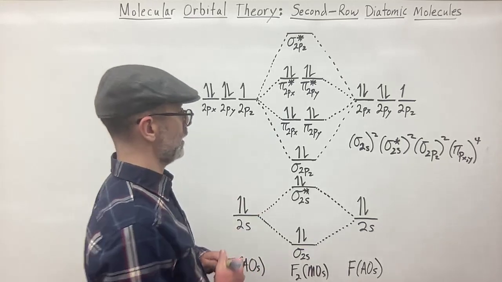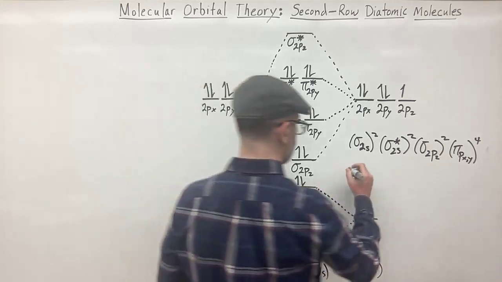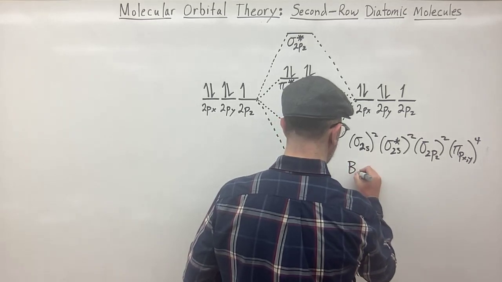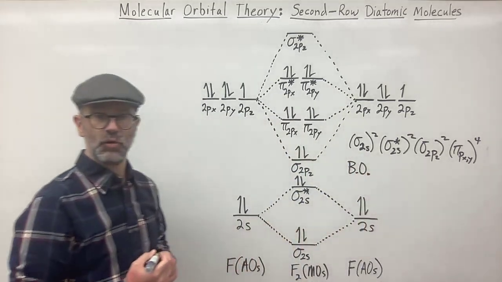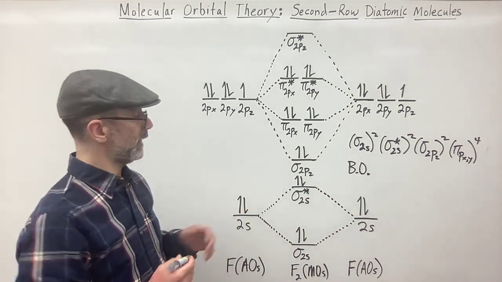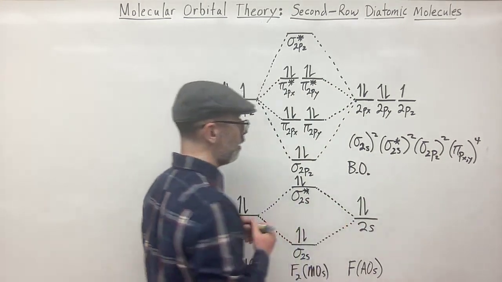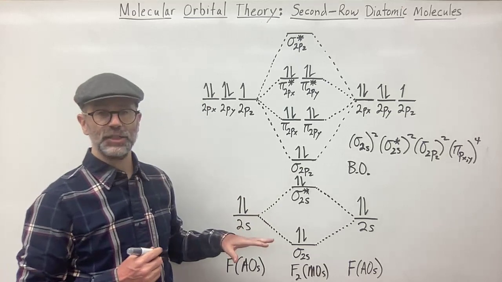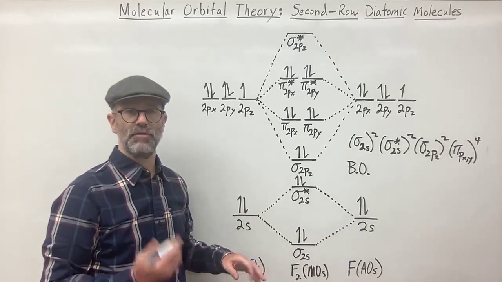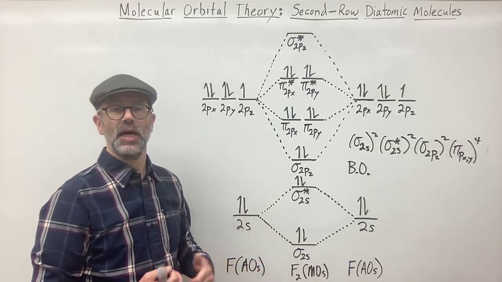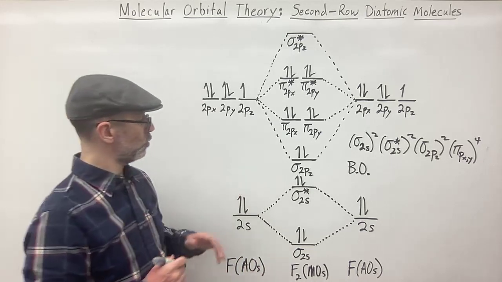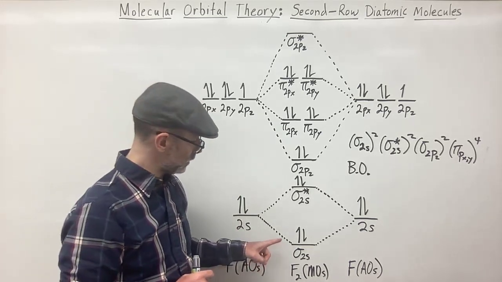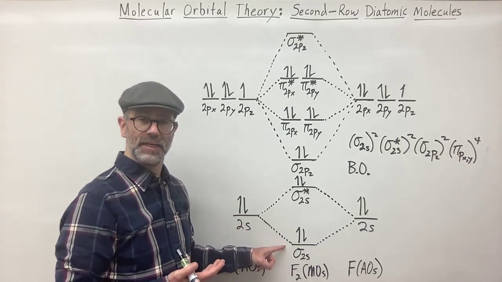For the bonding, we can figure out the bond order, BO for bond order. So remember, it's the number of bonding electrons minus the number of anti-bonding electrons, and then that difference is divided by 2. So the number of bonding electrons are the electrons in the bonding molecular orbital.